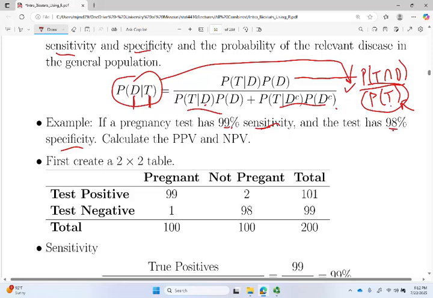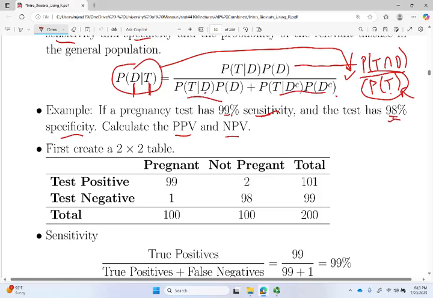Specificity says that if you're not pregnant, the test will indicate that you're not pregnant 98% of the time. Well, now let's calculate the positive predictive value and the negative predictive value. Because in a sense, this is what you want to know: if the test was positive, what's the probability you're pregnant? That to me seems of more interest.